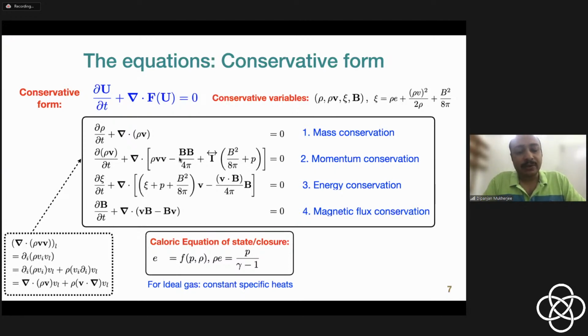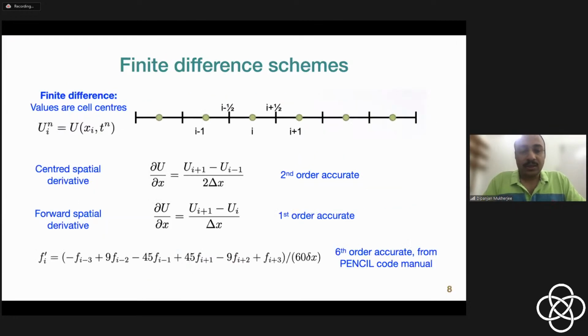You'll find that you can break up these terms, and this will become divergence of rho v, and in this way. And you put them back in the previous equation, you will get back the previous form. So it's an interesting exercise, if anyone's interested, to derive the conservative form of equations from the primitive form of equations. Okay, so we have now two different ways of writing the equations.